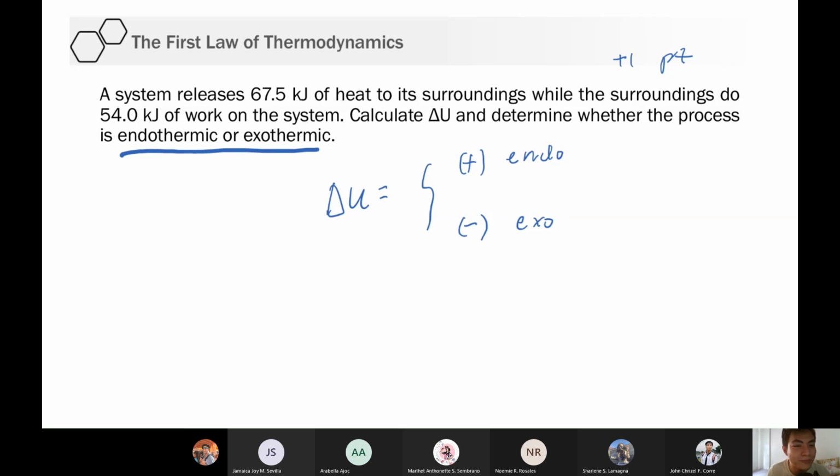Naantok ako. Di pa kasi ako kumakain eh.